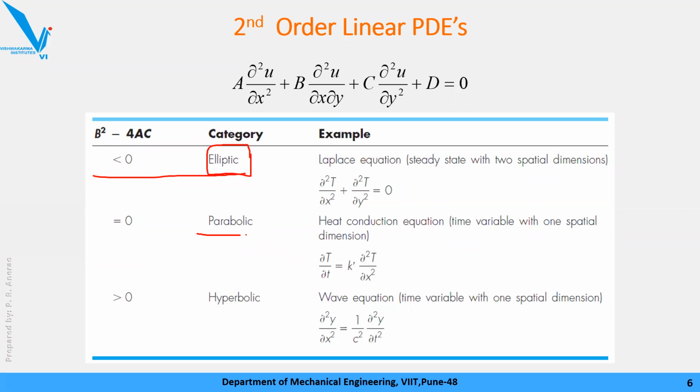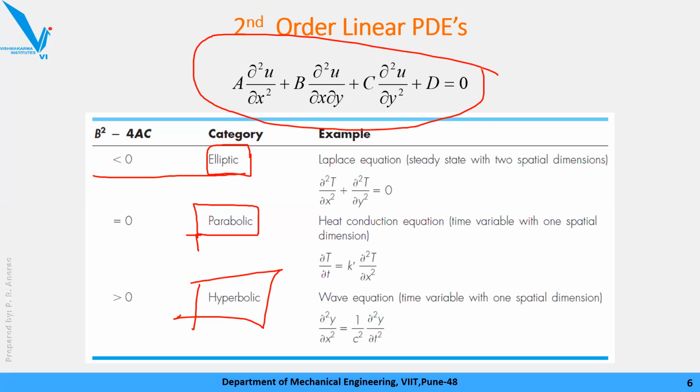They are different from the method or technique which you follow for a parabolic equation. The procedure is different for each. So that's why it is very essential to identify which category your problem statement belongs to.